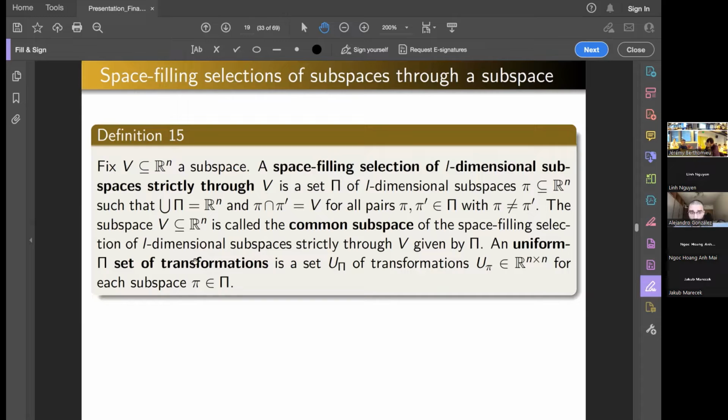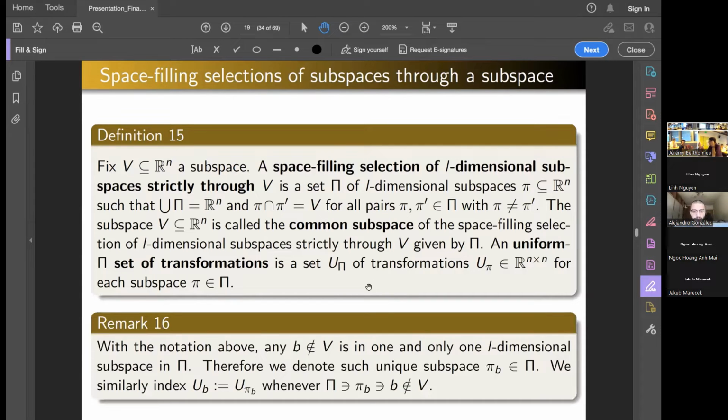And for each element of this set of planes, we are going to take an orthogonal transformation, different on each plane. We are going to index these transformations by the vectors that are on each of these planes. Each vector of the space is going to be in a different plane.